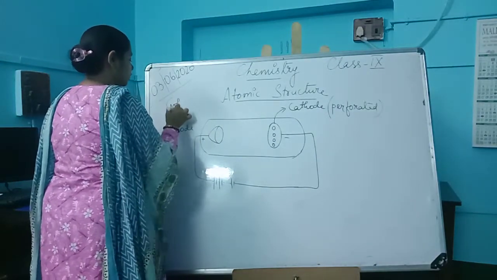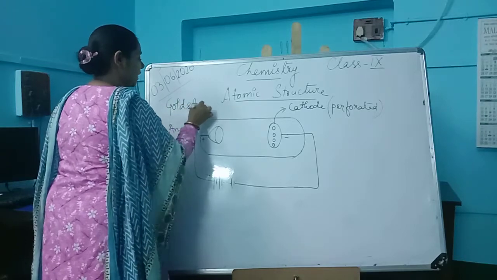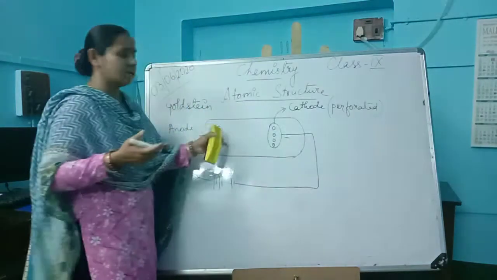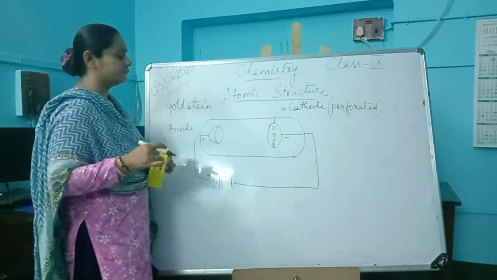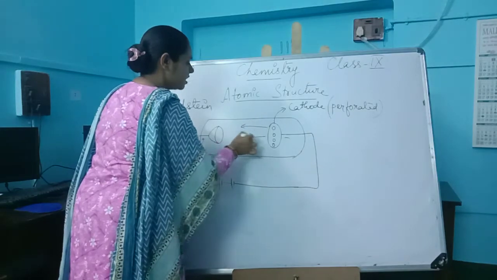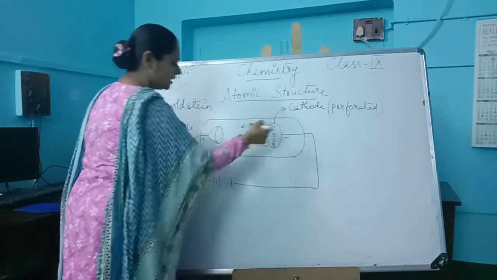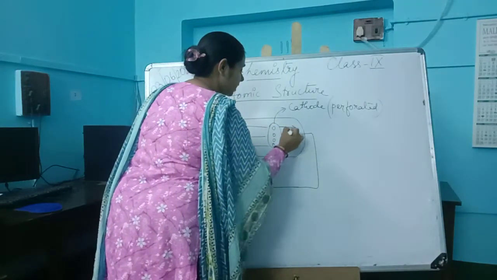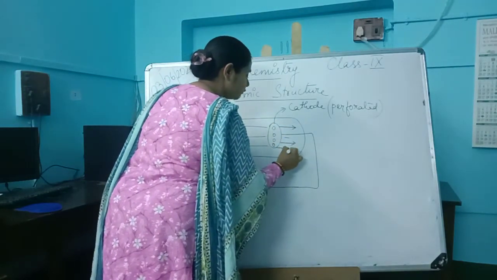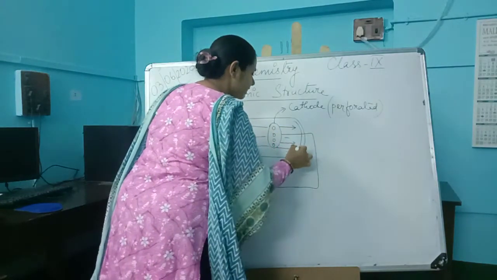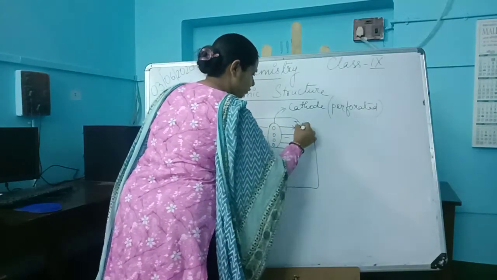Goldstein, while studying further with the same Crookes apparatus, found that some of the rays travel in a straight direction towards this side, and at the same time some of the rays move in the backward direction, and a zinc sulfide screen is present over here.